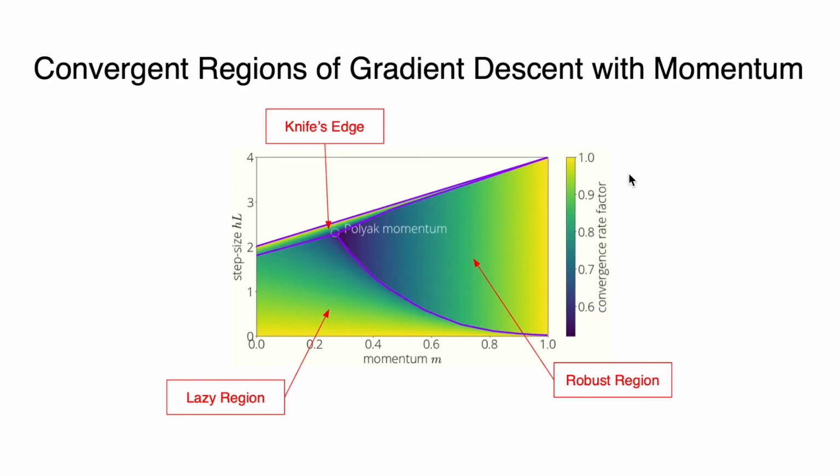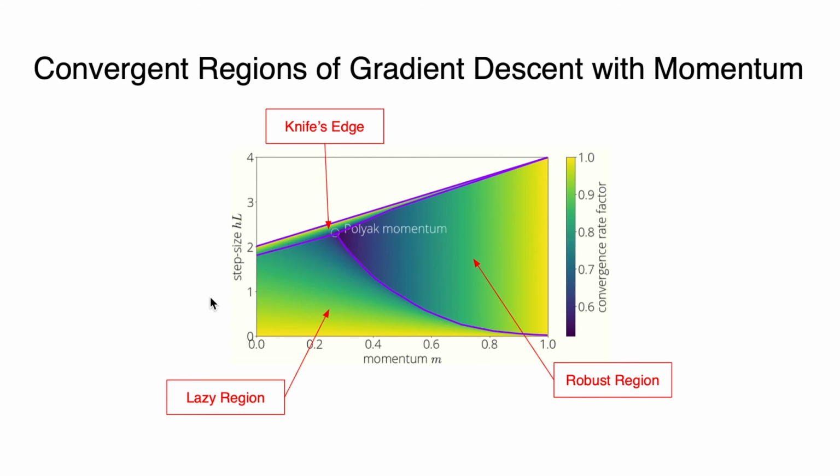Interestingly, the convergent hyperparameters for gradient descent with momentum can be pretty easily mapped out as shown in this figure here, where the color represents the convergence rate, we have the momentum hyperparameter on the x-axis, and the step size on the y-axis. And what we see here is that the convergence of gradient descent with momentum is separated into several regions based on the momentum and step size hyperparameters.